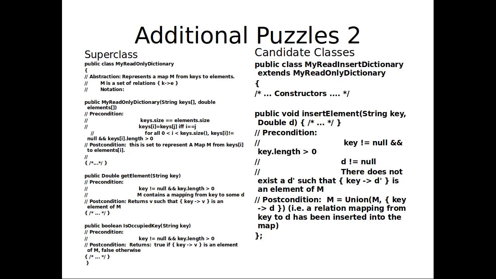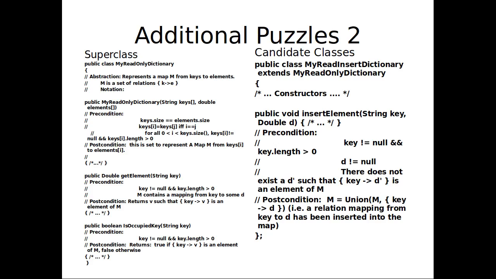Okay. My read-only dictionary. This keeps track of dictionaries. This is a read-only dictionary. We have preconditions. Here we create a dictionary, strings and double elements. So strings are the keys, and the values are doubles. Basically, those 2 arrays have the same length, and there can be no duplicate keys.